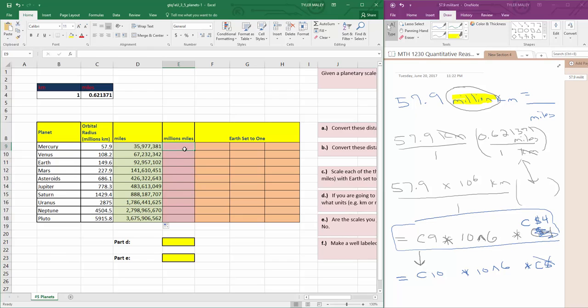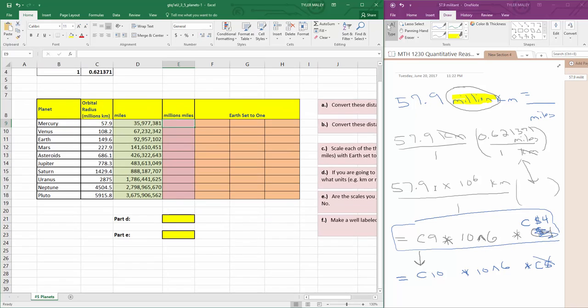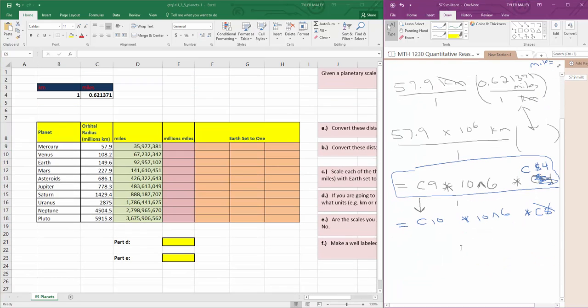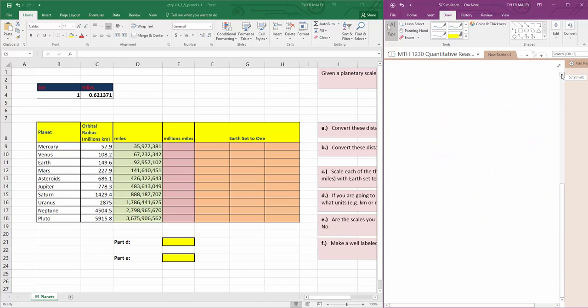So now, for this column, we want to convert these distances into millions of miles, right? So again, let me go over here to my paper and let's think through this a little bit. So if I want to go from miles and convert this into million miles, essentially all I need to do is take cell D9, for Mercury, and divide it by 10 to the 6th, right?